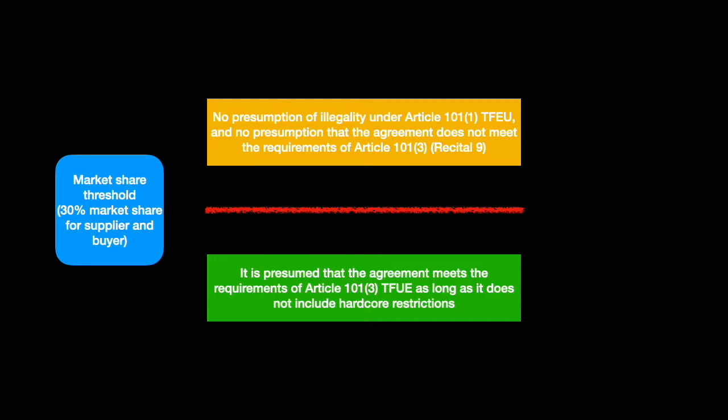So, in other words, you will need to conduct an individual assessment as to whether or not the agreement is caught by Article 101, paragraph 1, and if so, whether or not it meets the requirements of Article 101(3). So, being above the market share threshold of 30% does not presume illegality. It merely means that you have to conduct an ad hoc analysis of the facts of a given case.